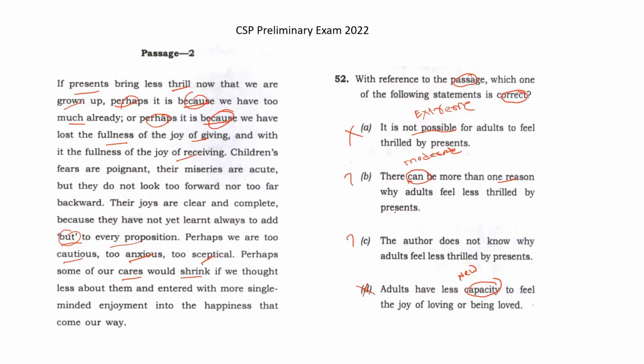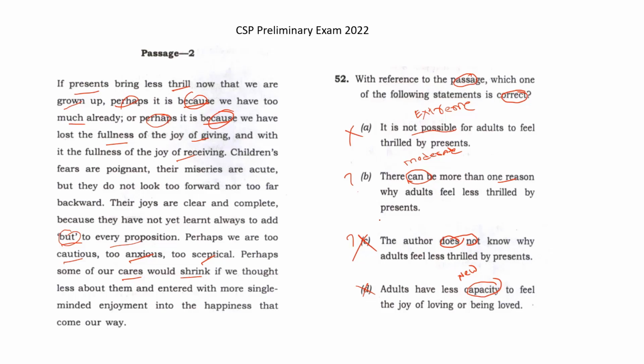So what is the gist? Can I say the author does not know why adults feel less thrilled? When I say the author does not know, that means you're sure that he doesn't know at all. Are you sure he doesn't know? No, you don't know. Option C is gone.